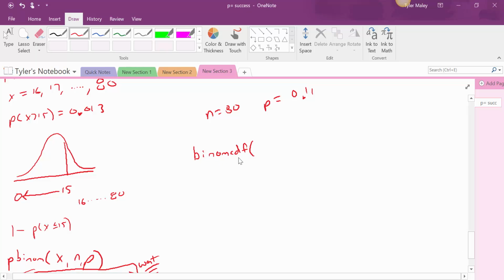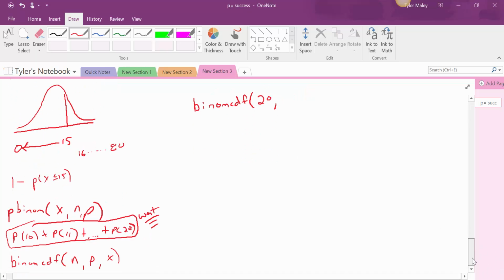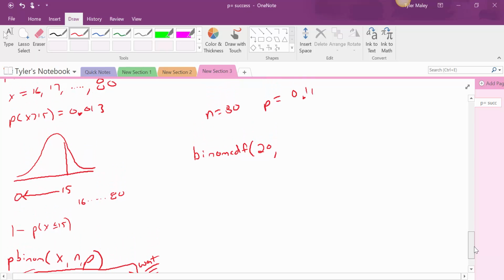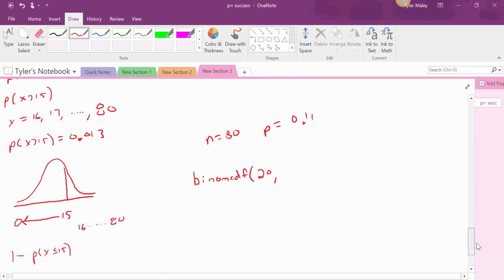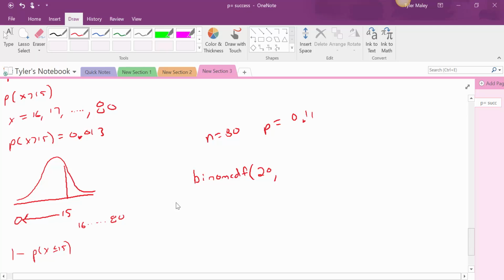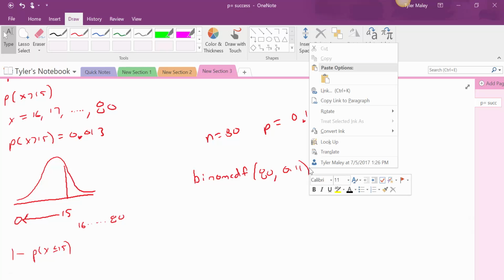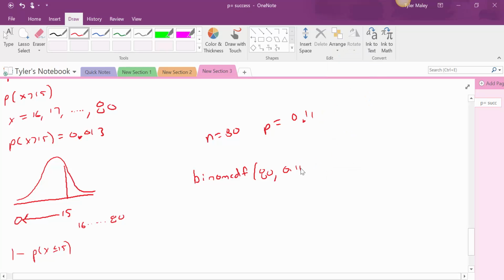So binom CDF 20, comma, and then next we do P and then X. Excuse me, this should be 80, then P 0.11, and then my X, my largest X, is 20.